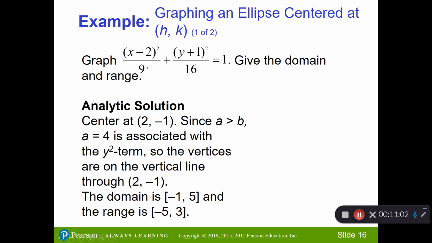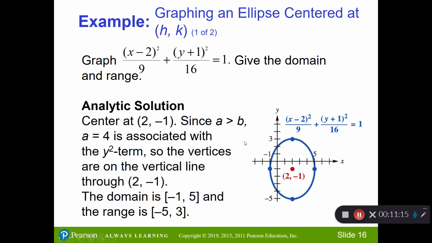Now, we're moving along the x by 3, the square root of the 9. So I'm going to move left and right from this 2, -1 by 3 units. So we're going to go to -1 and +5. -1, +5, and then here's that up and down by 4.